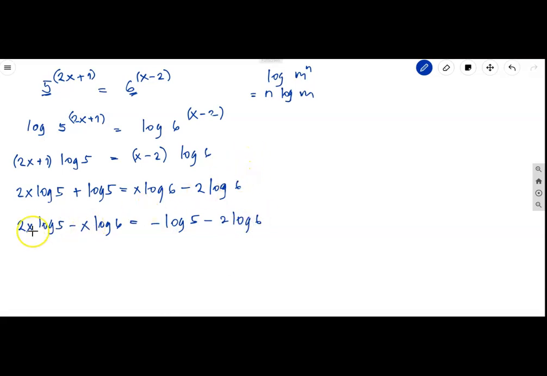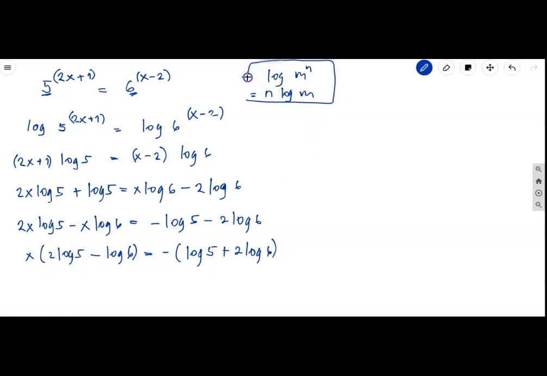After that, factor out the common factor, which is x. Therefore, we will have x times 2 log 5 minus log 6 equals, factoring out the negative, negative log 5 plus 2 log 6. Now, here we have 2 log 5, going back to the power property.